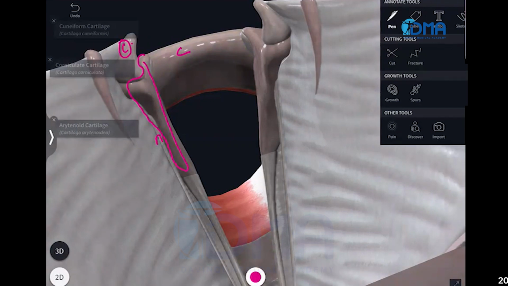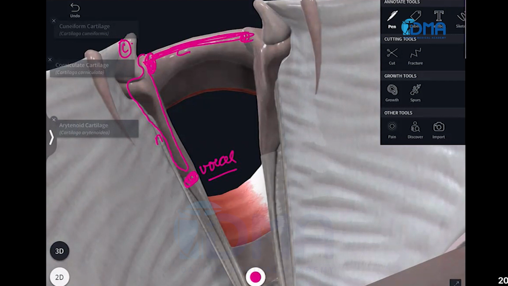Now this is the area where cricoid and arytenoid get attached. Superior end of the cricoid cartilage is the place where arytenoid gets attached. That's what I told you, right? So here, if this is the vocal process of arytenoid, here is the area where the muscles get attached. So this is the muscular process of arytenoid.